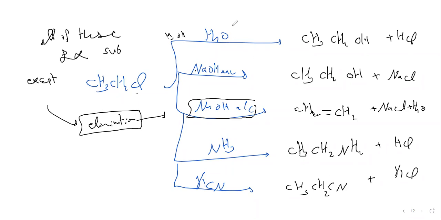So this means that halogen alkane will produce alcohol, alkene, amine, and nitrile.